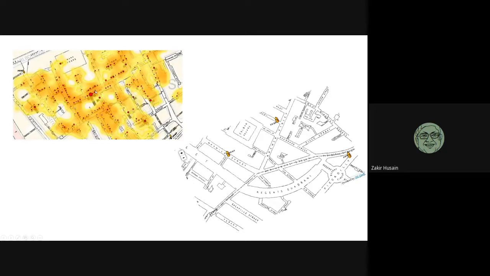If you see very closely over here, it's not very evident, but there was a water pump over here. So actually what was happening is, if you think of this as London, the river Thames is flowing like this, and two water companies were providing the water to the citizens of London.